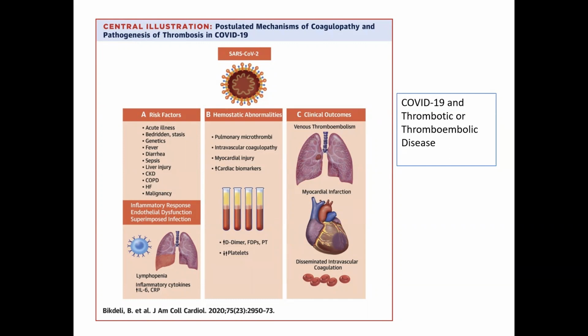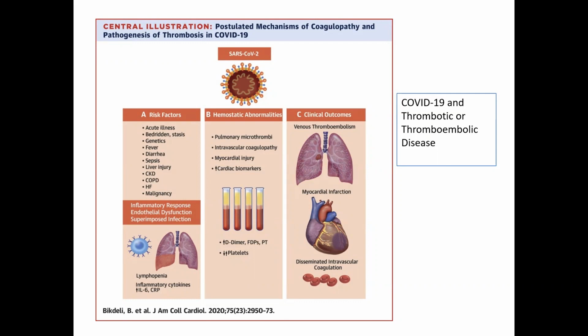Hemostatic abnormalities which have been seen with SARS-CoV-2 infection include pulmonary microthrombi. There has been a lot of discussion about hypoxia, which is mostly because of microthrombi occluding the microvasculature in pulmonary areas, which leads to improper ventilation perfusion. We have seen cases where we are ventilating patients with high flow oxygen and there is no apparent heart failure.